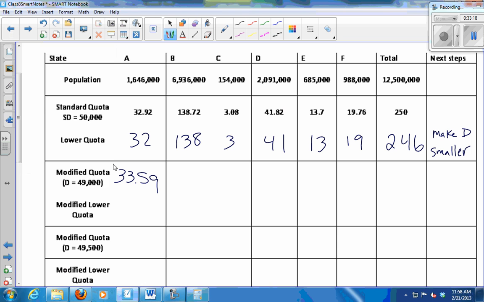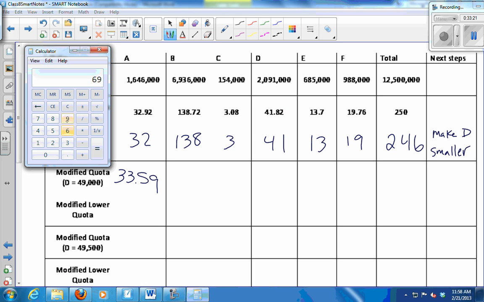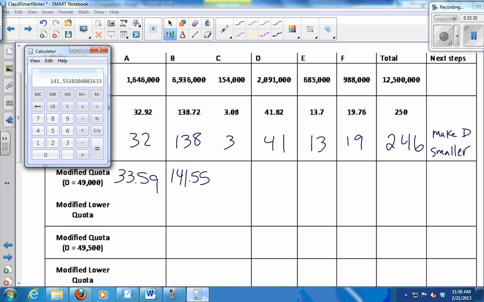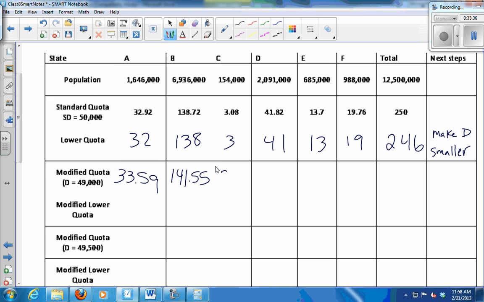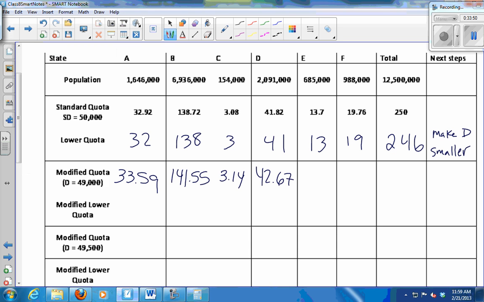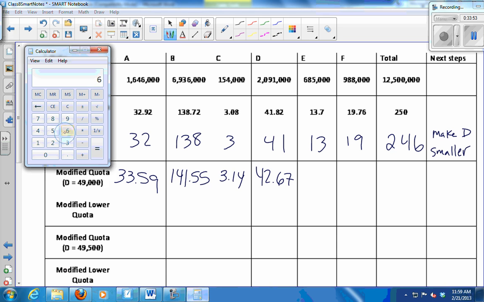So I'm doing a modified quota. And 41.55. 3.14. 42.67. 13.98.